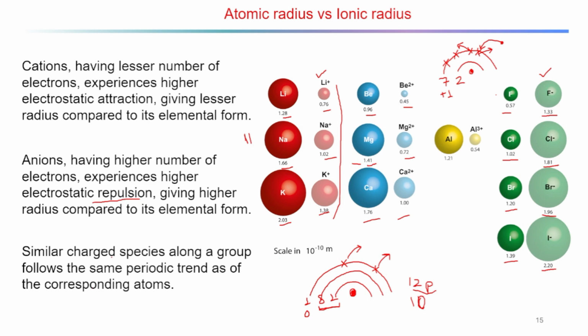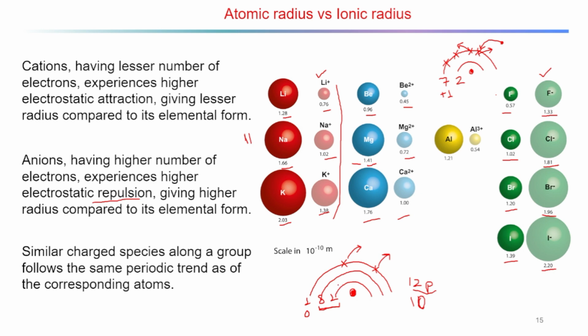So we have understood that in case of cations, because we are removing electrons, either the number of shells is decreasing or the electrostatic interaction is increasing. So both factors are reducing the size of the cations. It may happen that the shell number decreases, meaning earlier it was 3 shells, now in case of sodium plus there are only 2 shells.